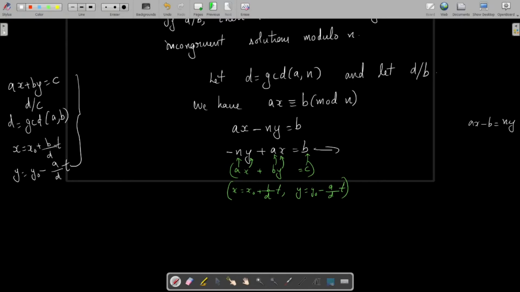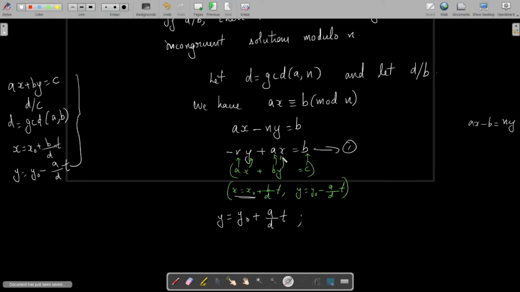This is the Diophantine equation 1. So let us write the solution of equation 1. We start with y equal to y0 plus, in the place of b here it is a, so we have a by d times t.